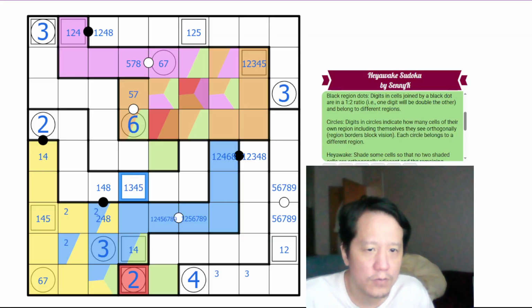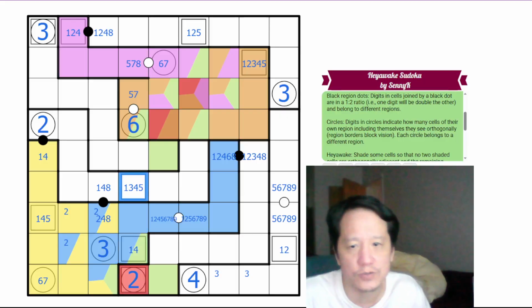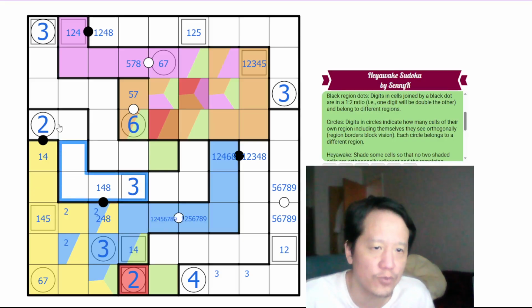Oh. Where is 3 in column 4? Can't be here because of 3 in the row. Can't be here because of 3 in the region. These are not consecutive with what these have to be. And this is 6. This can't be 3 because of the blue region, and this is a 2. So this has to be a 3 here. Interesting.